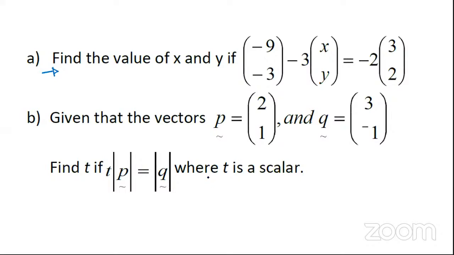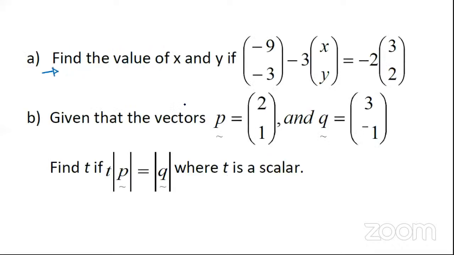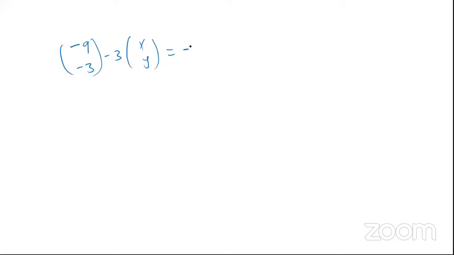So we have -9, -3, -3 into xy is equal to -2 into, I think this is 32.